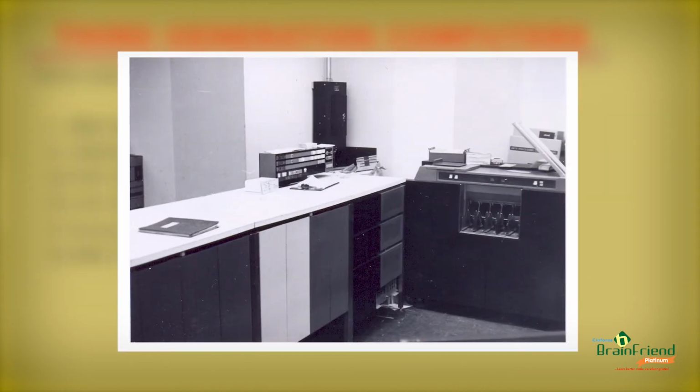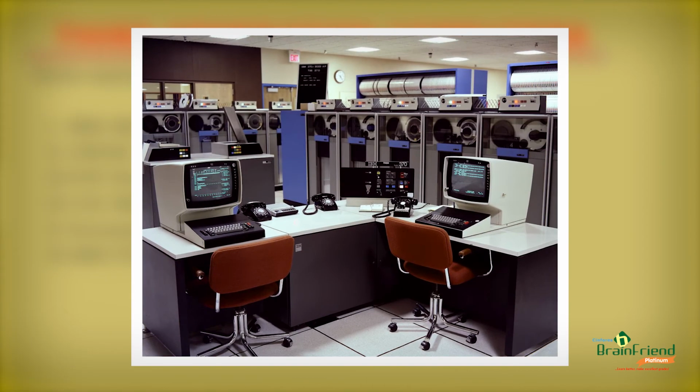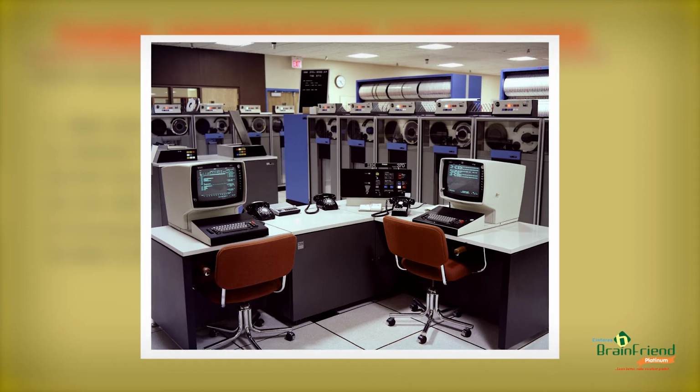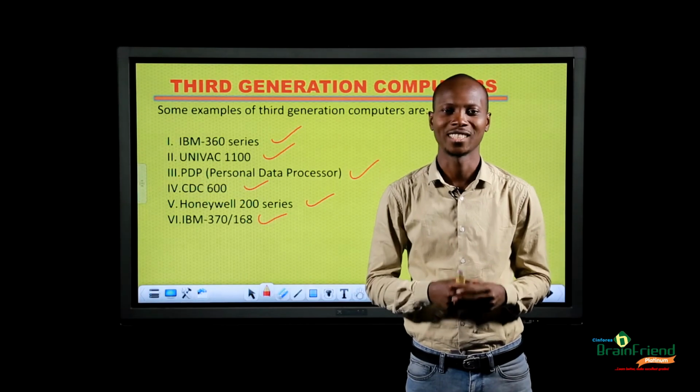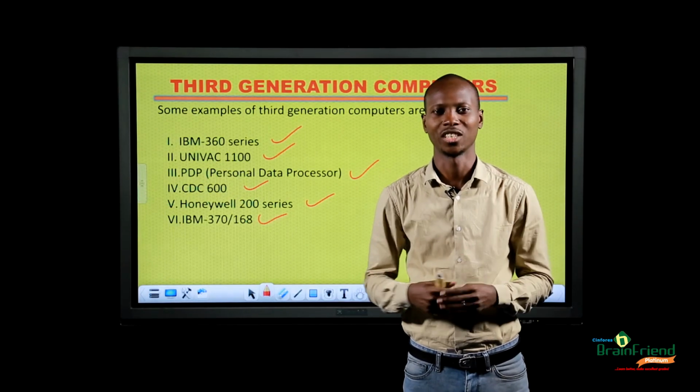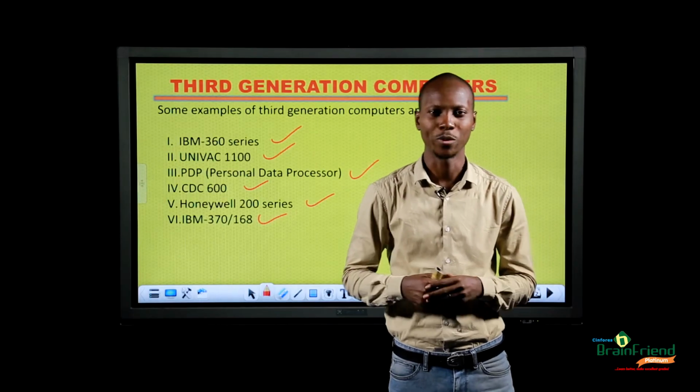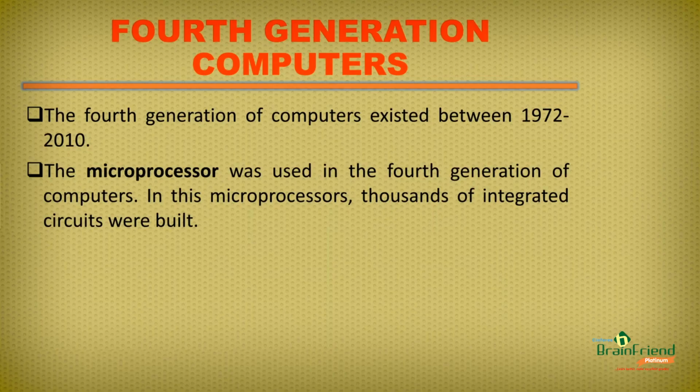Also, the Honeywell 200 series. And finally, we also have the IBM 370 or 168. These are some of the examples of the third generation of computers. Now we move on to the fourth generation of computers.